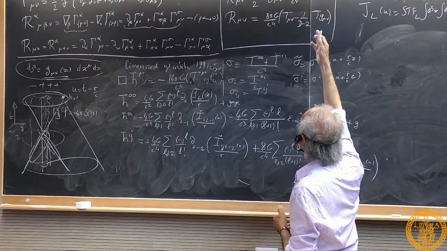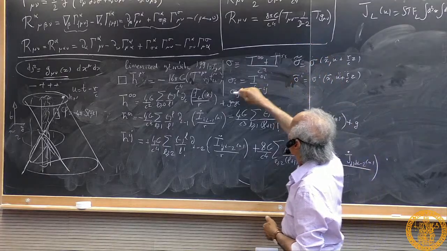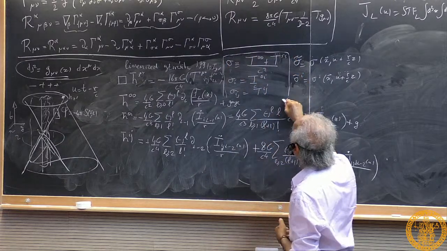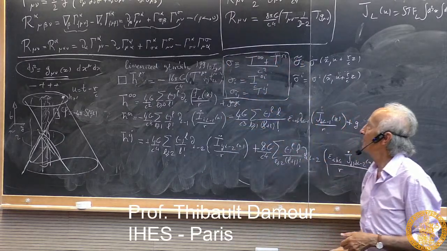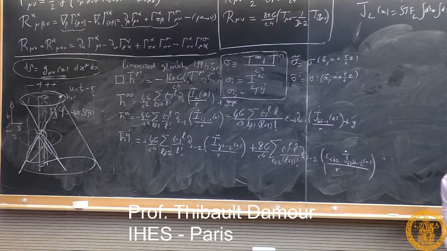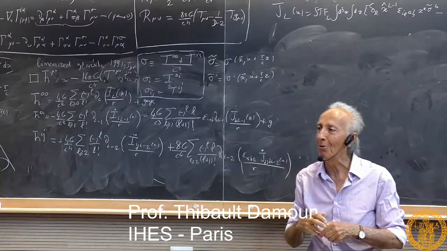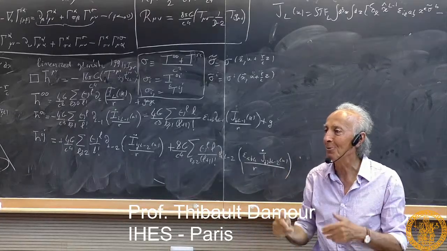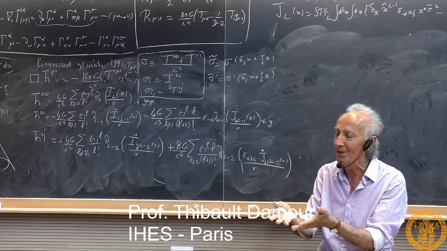You have the source in Einstein's equations. It is very convenient to introduce a kind of matter density, sigma, which is not, as you would expect from E equals mc squared, you know, T00, the energy density.